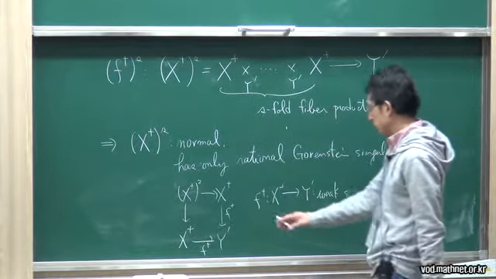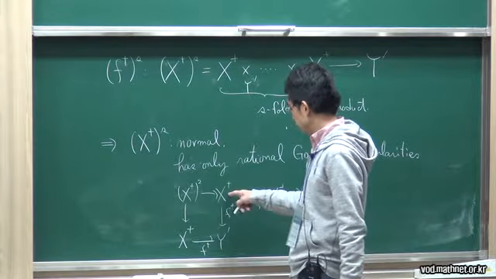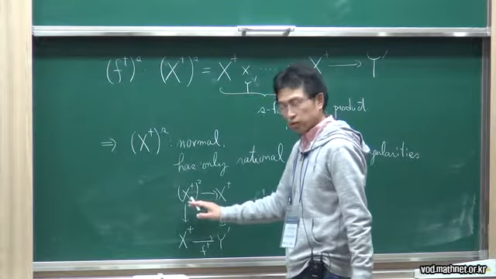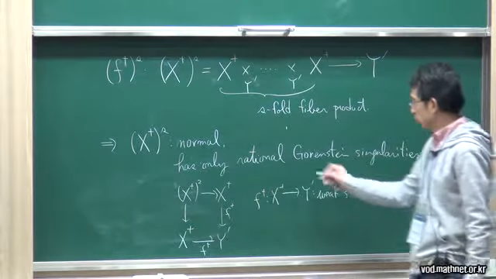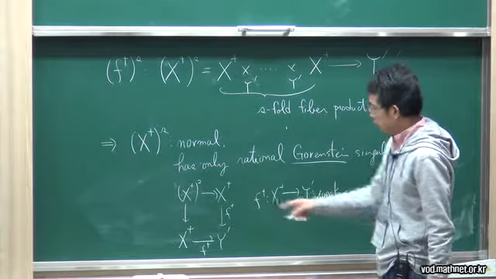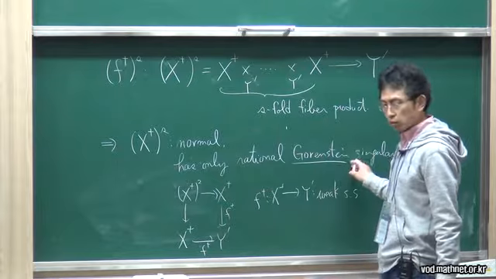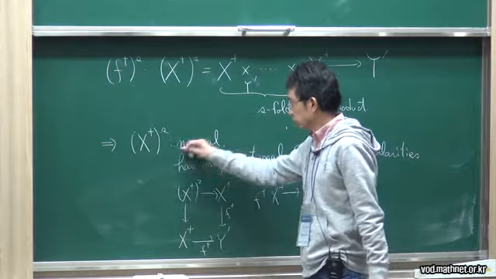And by the flat base change theorem, this is also Gorenstein. So we have Gorenstein and smooth in codimension 1. Gorenstein implies Cohen-Macaulay, so smooth in codimension 1 and Serre's S2 condition implies normal.